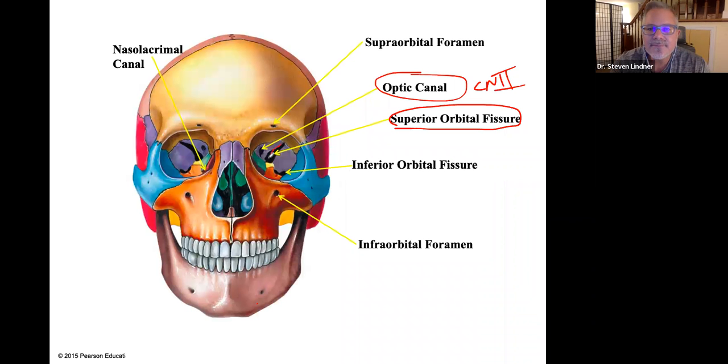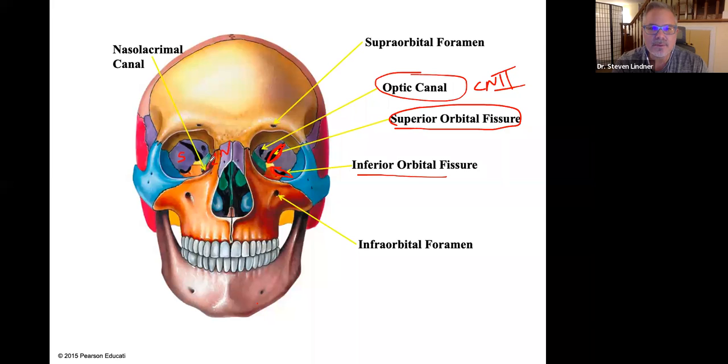So again, a fissure is not a foramen. It's more of an elongated slit. So there's a superior orbital fissure, and then there's an inferior orbital fissure. And again, they both are in the back of the eye orbit. All three of those are kind of like through the sphenoid bone. This is the sphenoid bone. Here's your nasal bone.